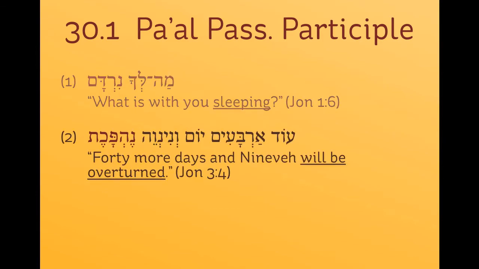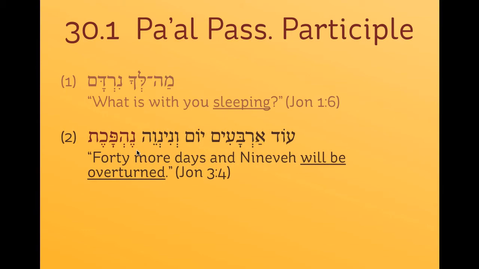Number 2, another nif'al participle, Jonah speaking his message to the Ninevites, od arba'im yom veninve nepachet. So another 40 days and Nineveh will be overturned.